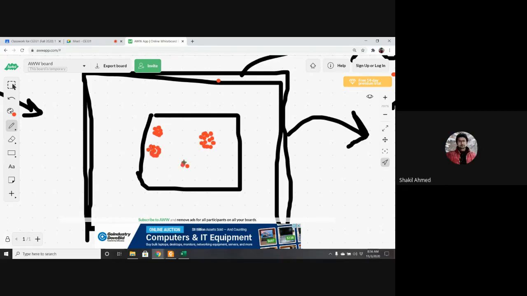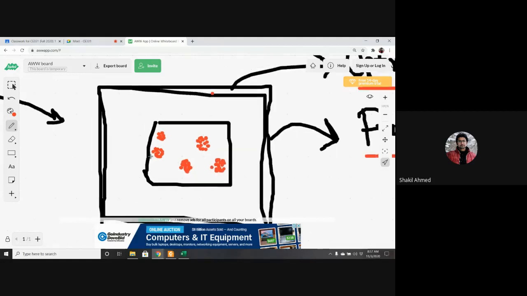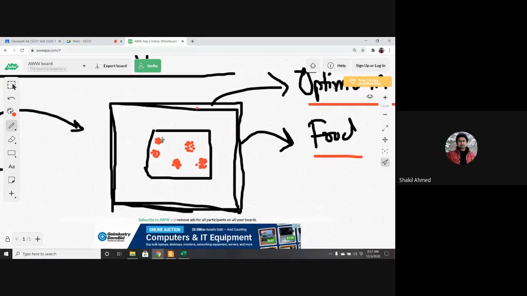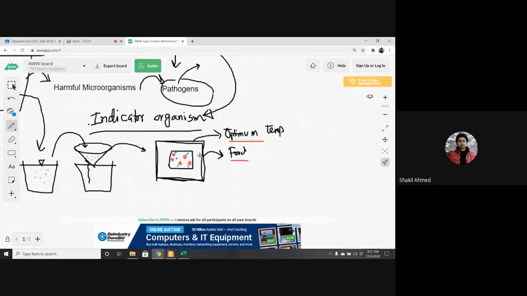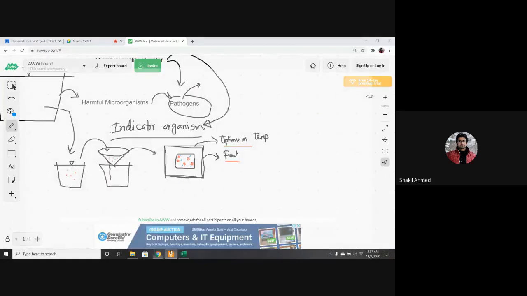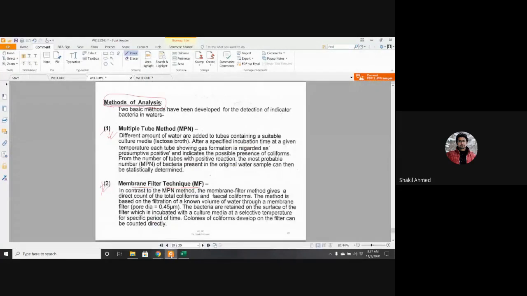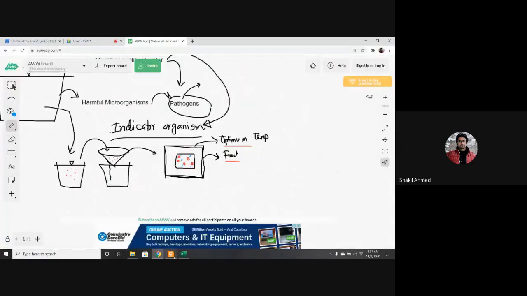Okay, these are colonies. Now you can see them with your naked eyes. You can count them: one, two, three, four, five. And based on this count, you can say what is the concentration of E. coli bacteria here. E. coli is a coliform group of bacteria, right?